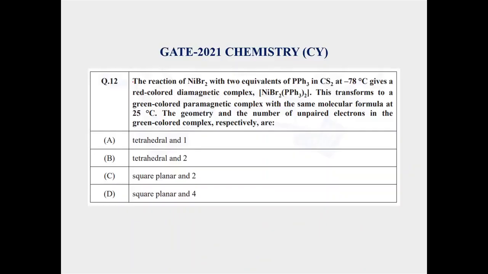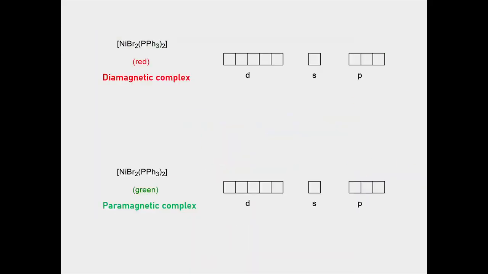Okay, so in the question we can see that it is given that the red colored complex is a diamagnetic complex, right? Diamagnetic complex means what? No unpaired electron. So in this case, all the electrons are paired. And we know that we have a total of 8 electrons. Okay.